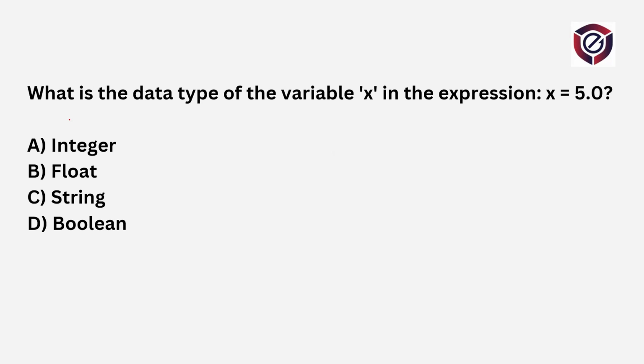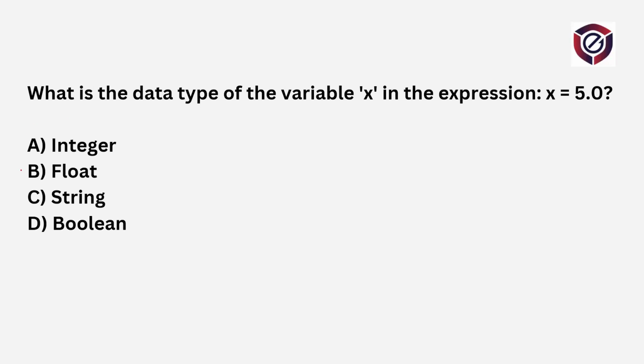The first question is, what is the data type of the variable x in the expression x equal to 5.0? Remember, whenever it is given as 5.0, 5.15, such things, whenever there is some floating point or decimal point, that particular data type always belongs to the floating type.